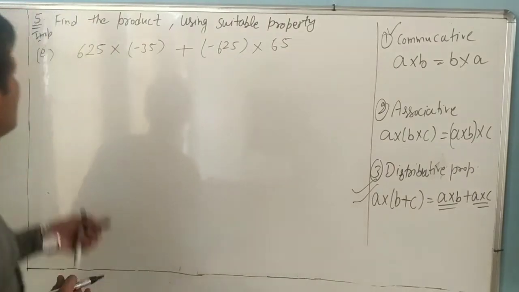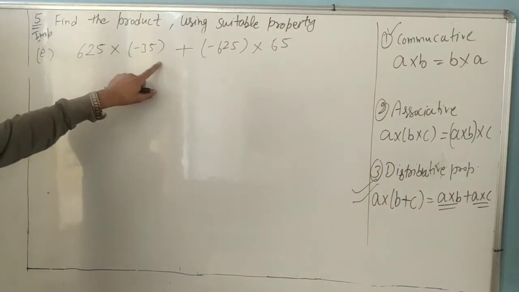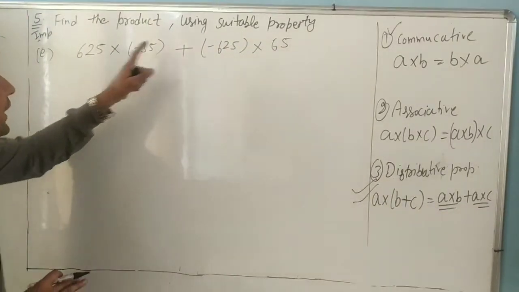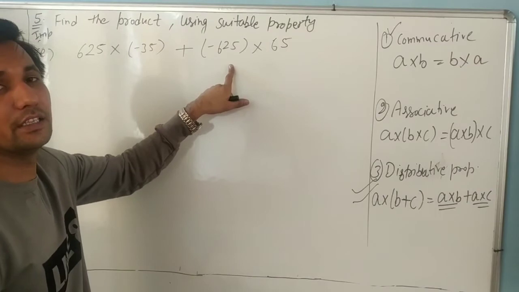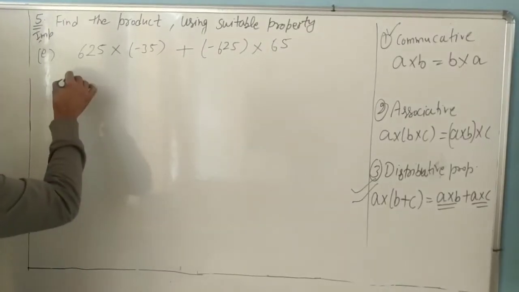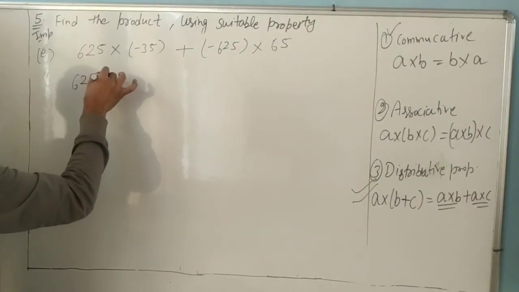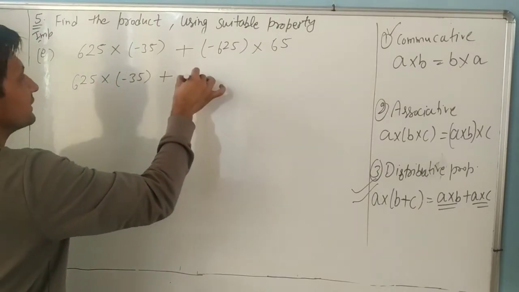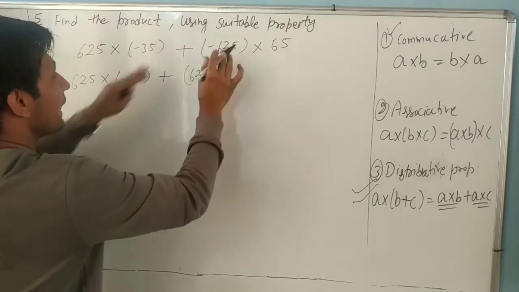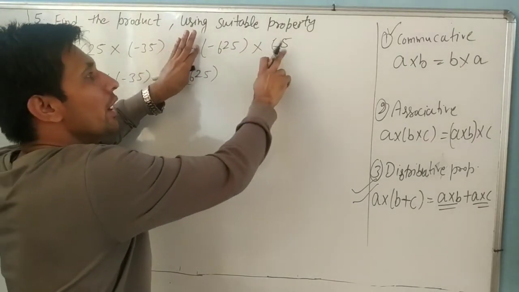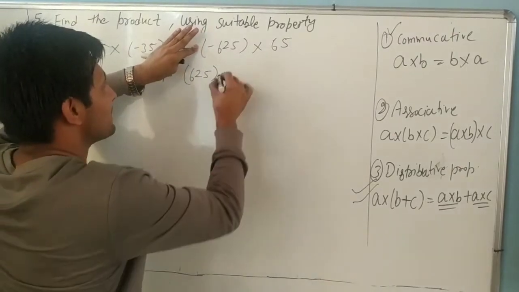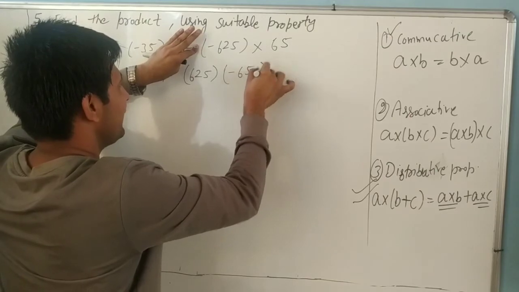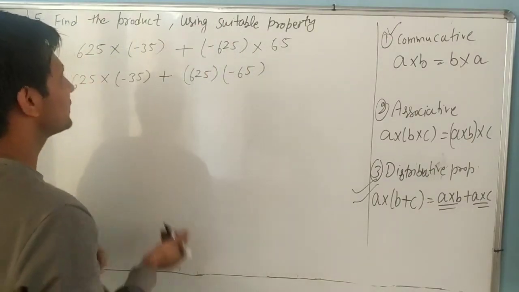So again we will use A into B, A into C. But dear, here is positive, here is negative. We can write 625 into minus 35. Both are negative into positive, always negative, same as it is. Can you change the sign? Yes. Again positive into negative, again the answer is negative.